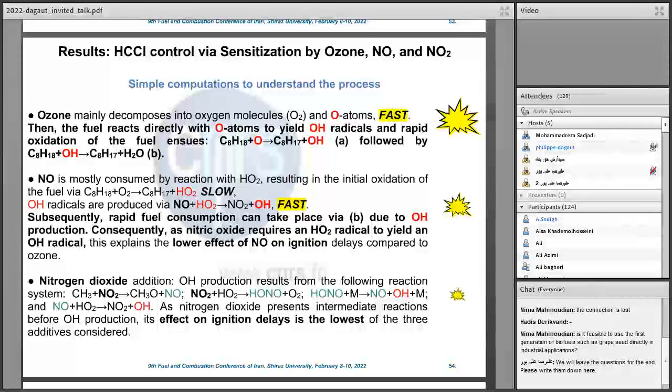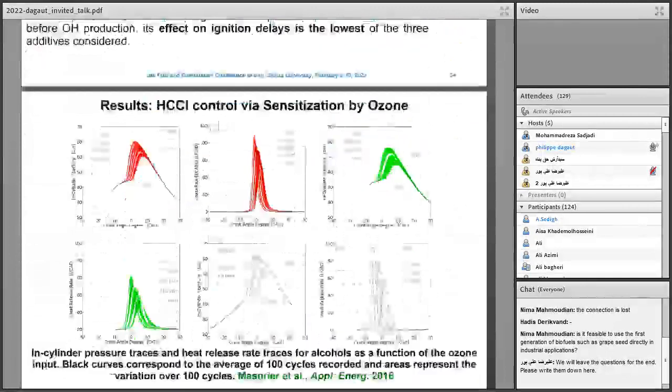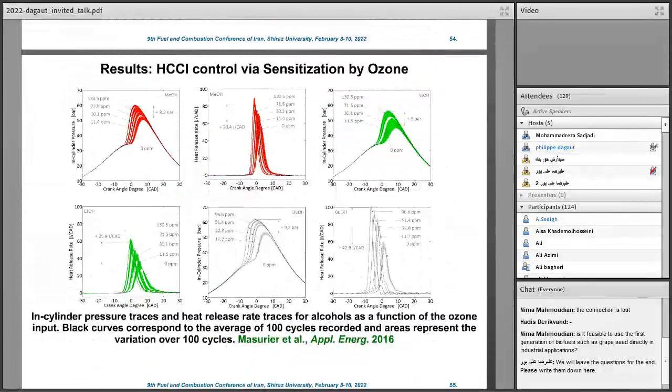So overall, this process is longer and slower, which explains the less important effect on ignition. We did similar things with methanol, with ethanol and butanol, and we got very similar response.